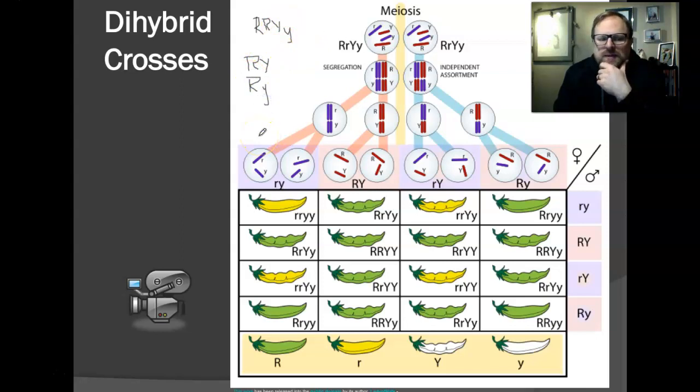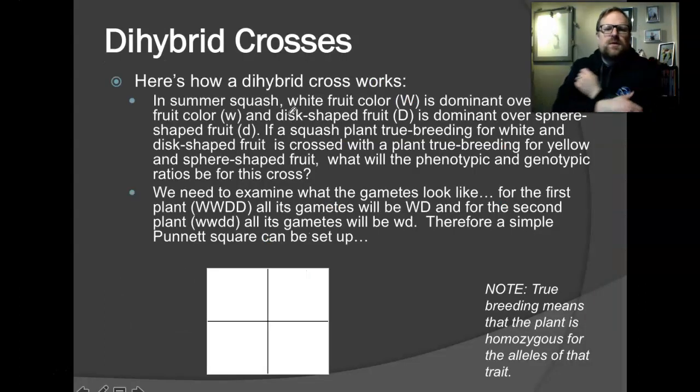I hope that makes sense. Okay, so then that individual can only produce 2 possibilities. If the individual was homozygous dominant for both alleles, they're only going to produce 1 possible gamete, which is big R, big Y.